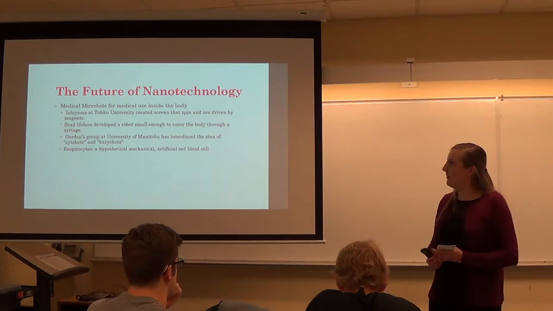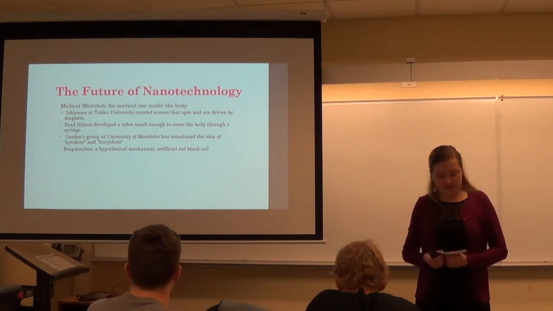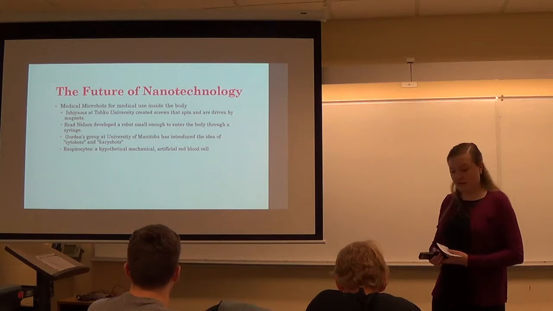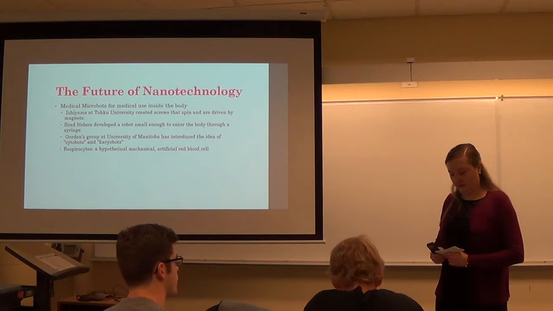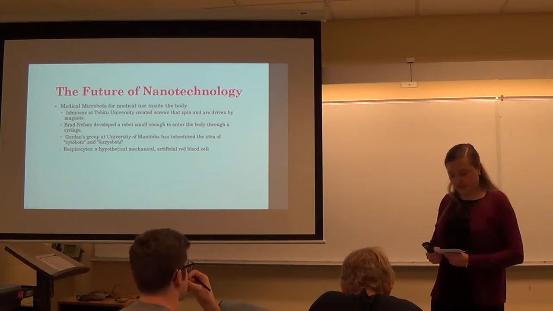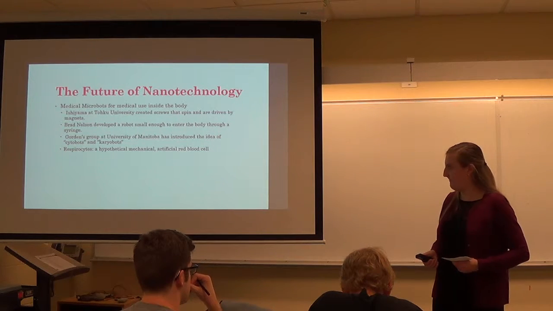And then Gordon's group at University of Manitoba has introduced the idea of cytobots and karyobots. Cytobots would be controlled magnetically and be used to carry out wireless intercellular and internuclear surgery. And then karyobots are basically another name for that.